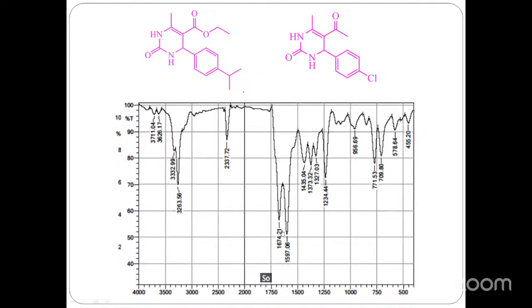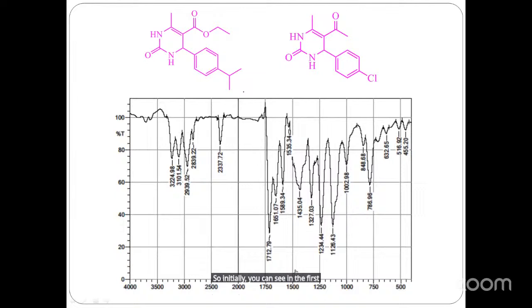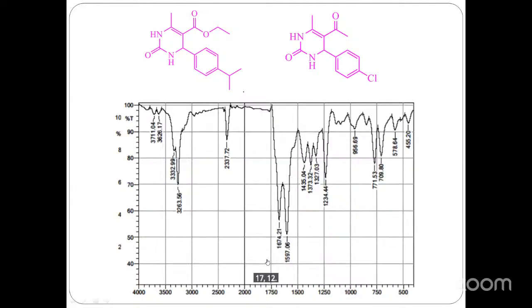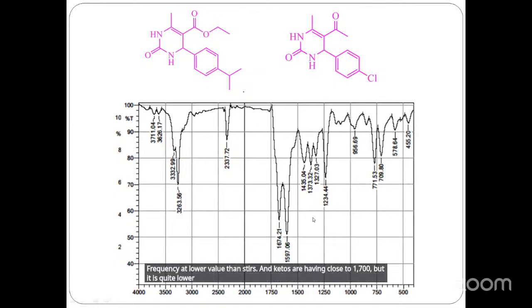Here you can see the frequency is now lowered. Initially in the first spectrum the frequency was 1712, but that carbonyl frequency is now 1674. Ketones have a frequency at a lower value than esters. And ketones are close to 1700, but it is quite lower again due to conjugation.